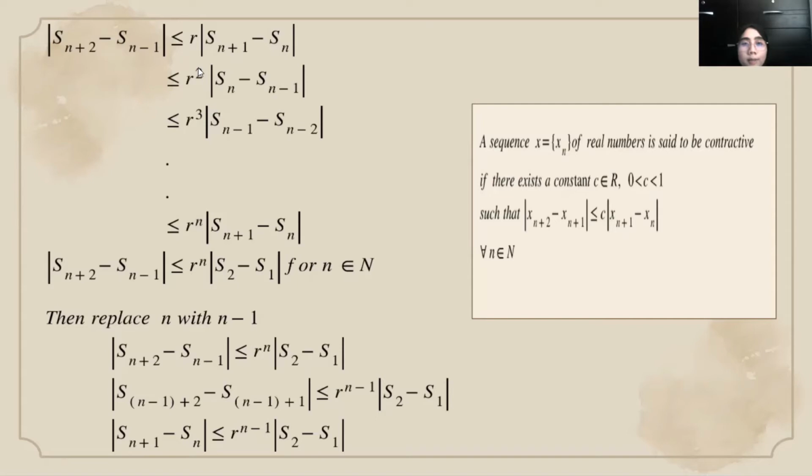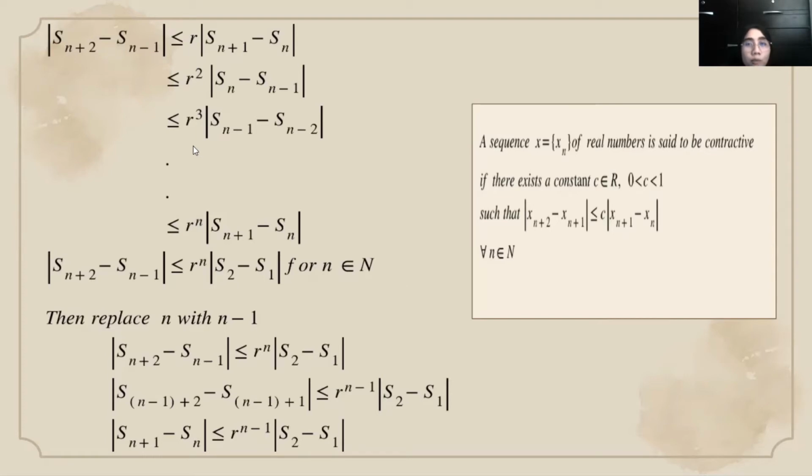So the next step, we want to find the next distance. So what we have to do is R becomes R power of 2 and then Sn minus Sn minus 1, and then next R power of 3 absolute Sn minus 1 minus Sn minus 2. And then, okay, we can see here from power of 1, power of 2, and power of 3.